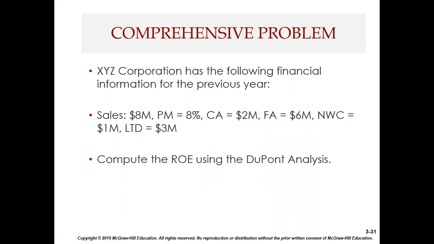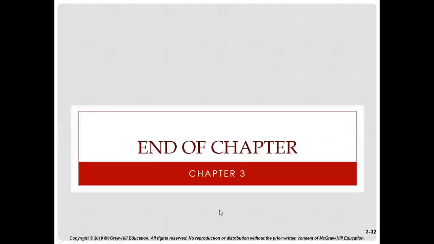One last comprehensive problem. XYZ Corporation has the following financial information for the previous years. They have sales, profit margin, current assets, fixed assets, net working capital, and long-term debt. What's their ROE using the DuPont analysis? So you just need that information. Let me go back.